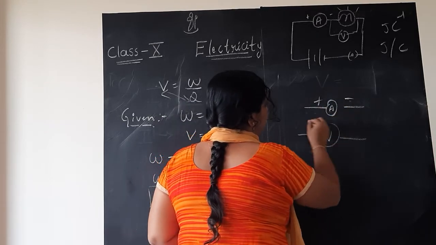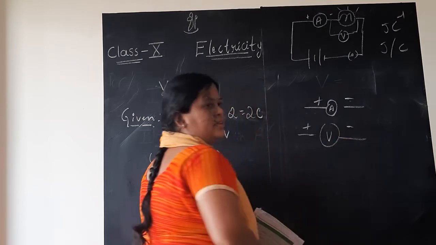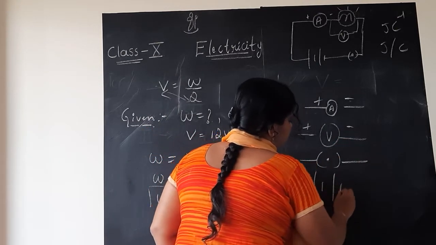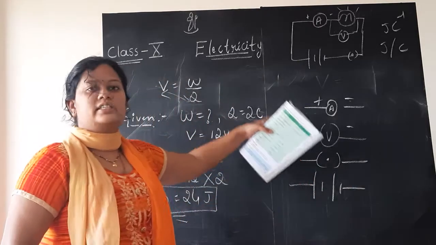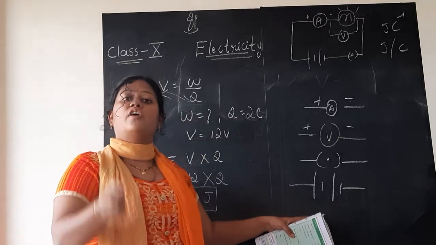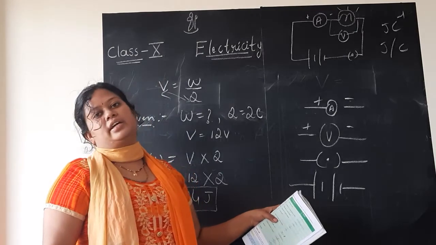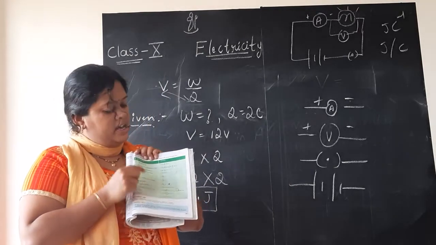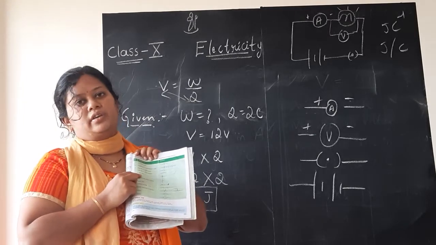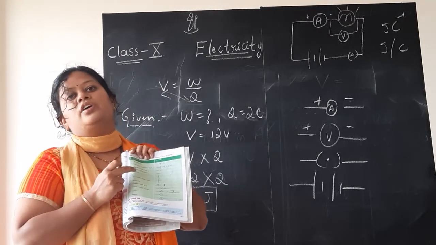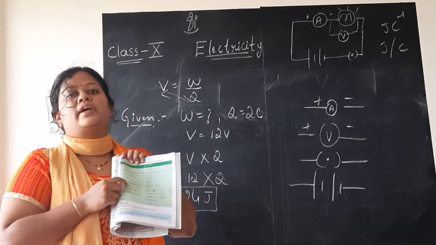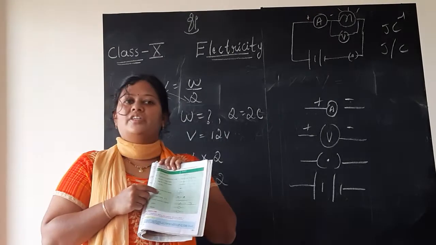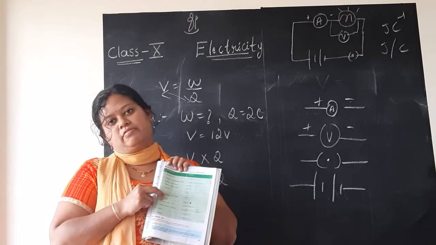Similarly, voltmeter, plus minus like this. Switch, this is how you represent. Battery, 1 positive, 1 negative. Representations are there for each and every device we connect in the circuit. In page number 97 in your textbook, in the tabular column, I want you all to write it neatly on an A4 size sheet. This will be your first project or activity for your FA1.